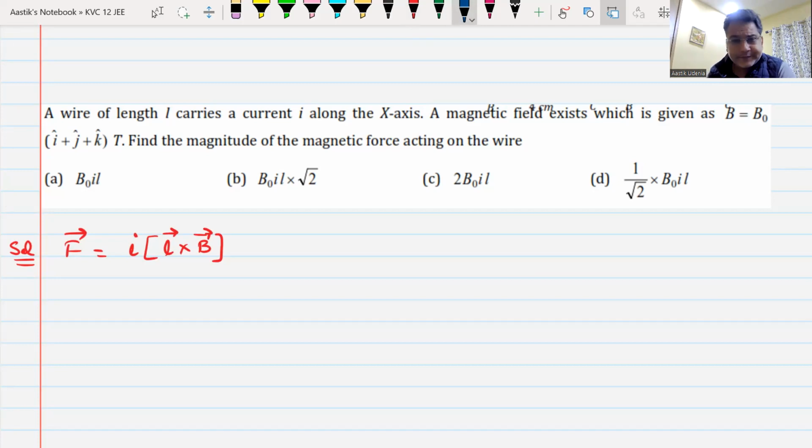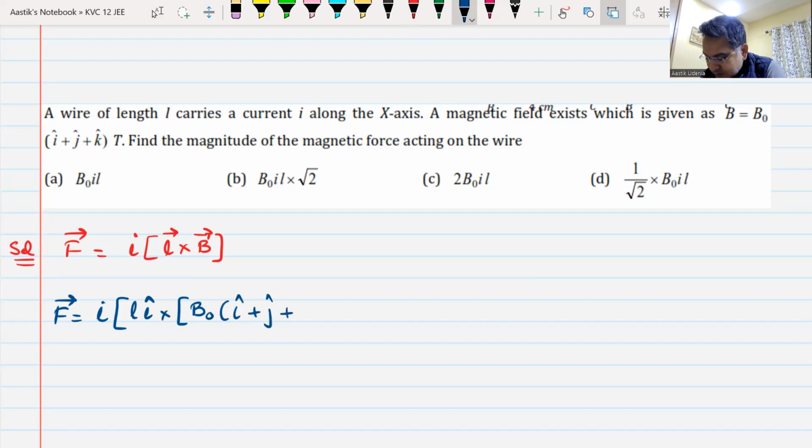Are we there, beta? Yes, sir. Force in vector form. If I write current is I, now length can be written as L into i hat. Cross magnetic field is B naught into (i plus j plus k).